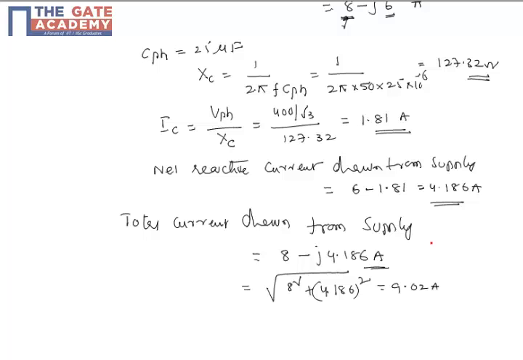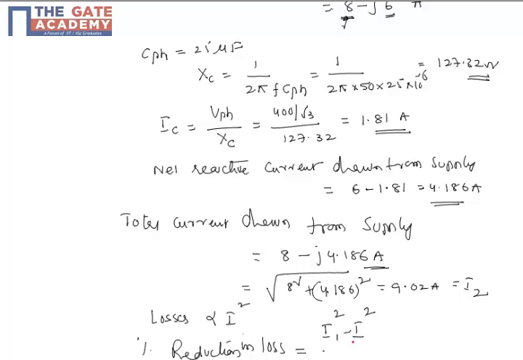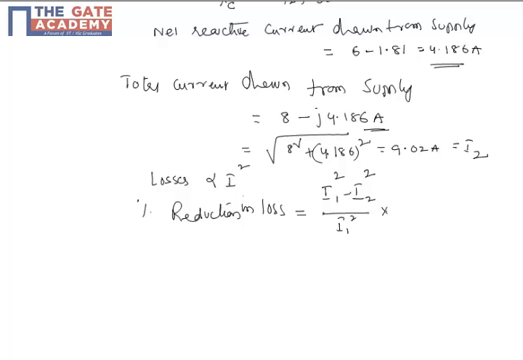But he is asking the losses. So we know that the losses are proportional to the current squared. So the percentage reduction in loss is equal to, if I consider this as I2 and the first one as I1, the change is I1 squared minus I2 squared by I1 squared into 100.